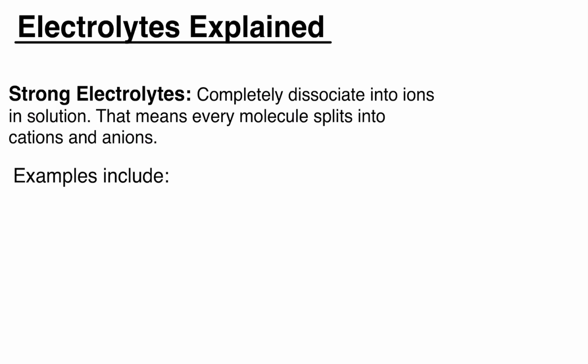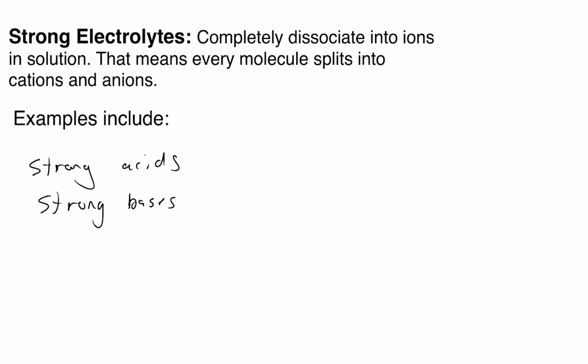So strong electrolytes completely dissociate into ions in solution. That means every molecule splits into cations and anions. Examples of this would be strong acids, strong bases, and soluble salts.